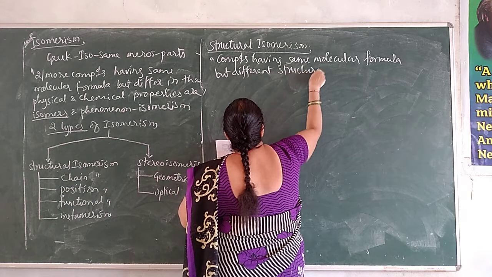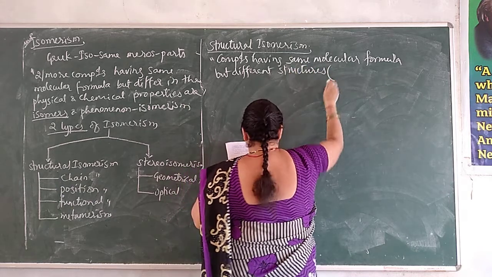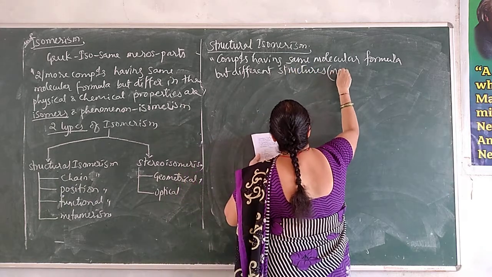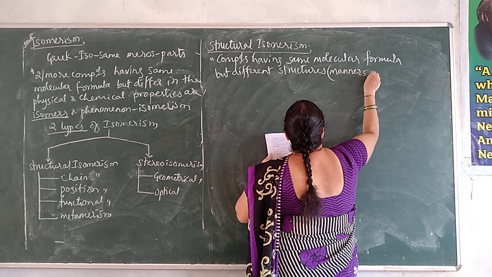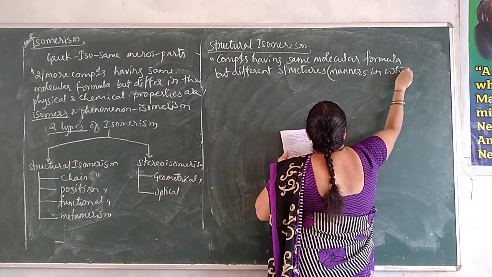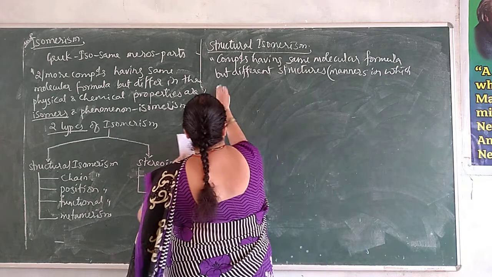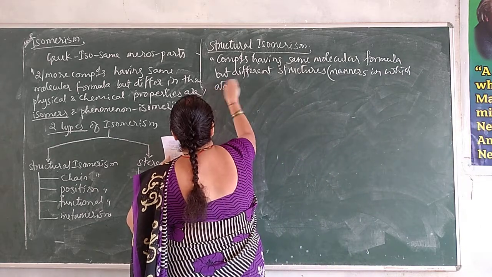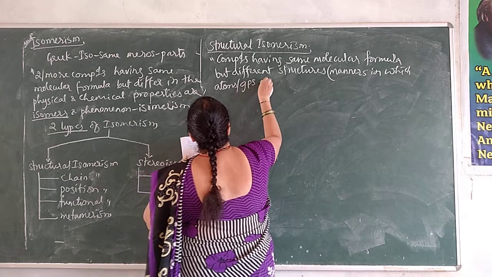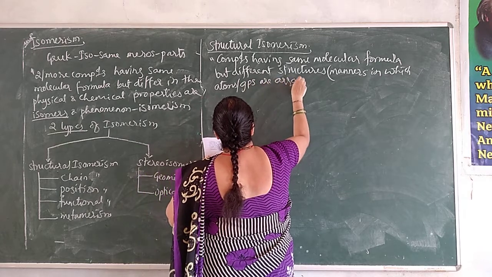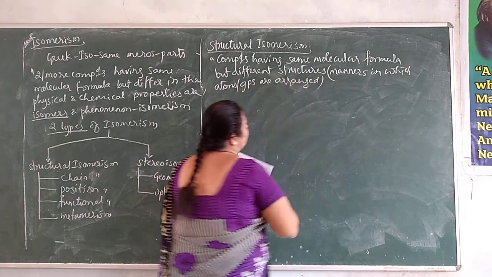Structures means we can write the structures in another way: the manner in which atoms are joined or groups are arranged. So compounds having the same molecular formula but different structures, or different manners in which atoms or groups are arranged.